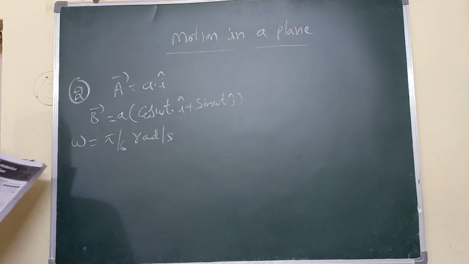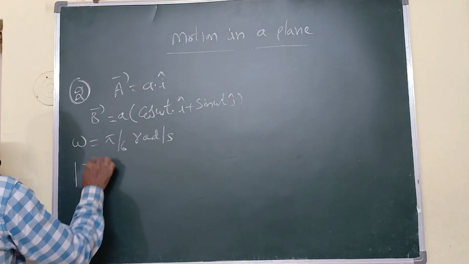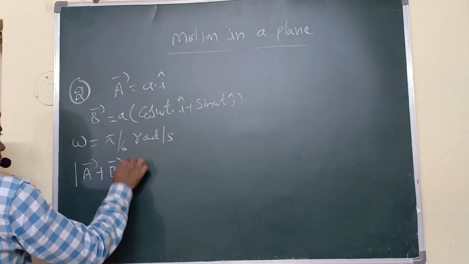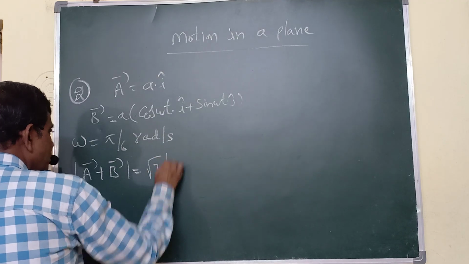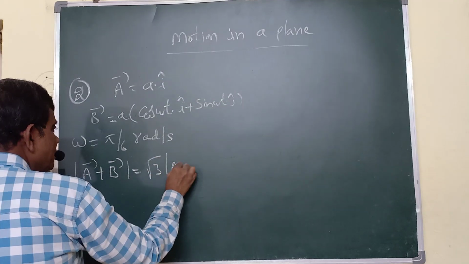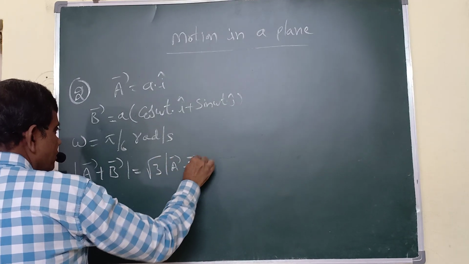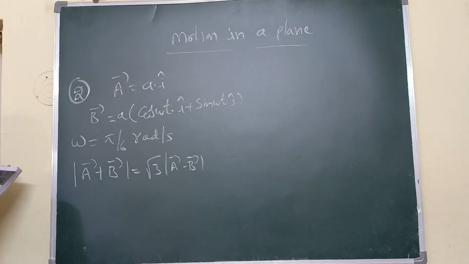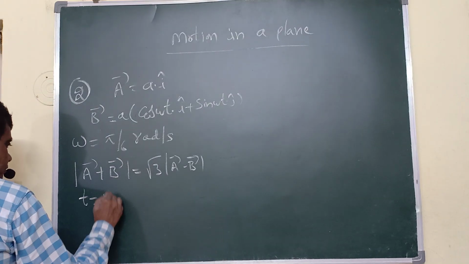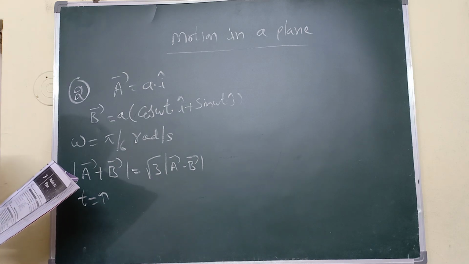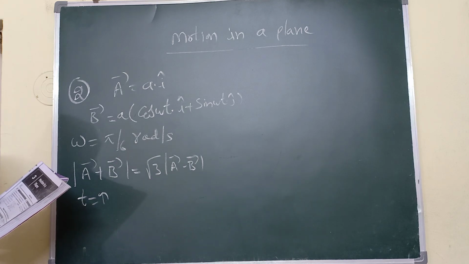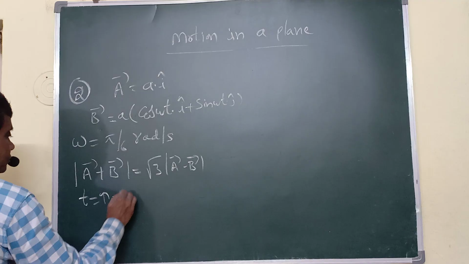If mod of A plus B equals root 3 into mod of A minus B at a time of tau for the first time, then find the value of tau.